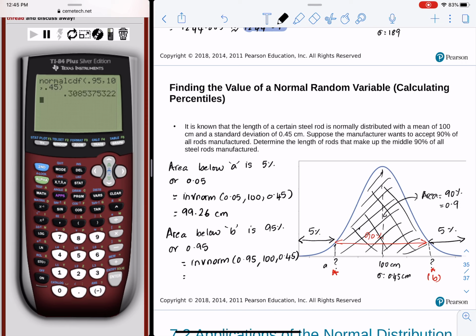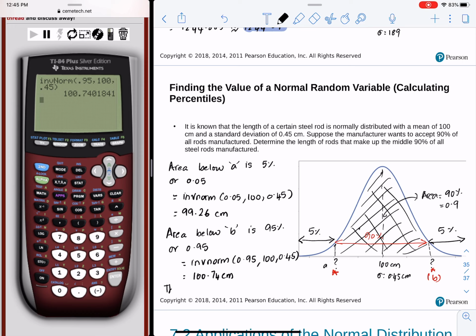I keep going to the wrong function. We have to use inverse norm. Inverse norm 0.95, 100, and 0.45. So we get 100.74 centimeters.